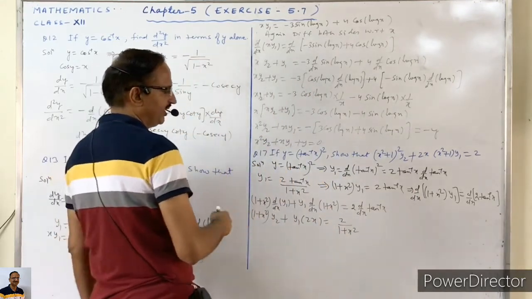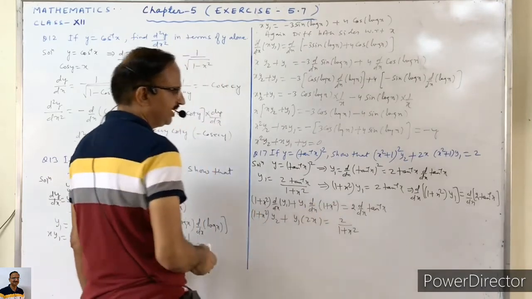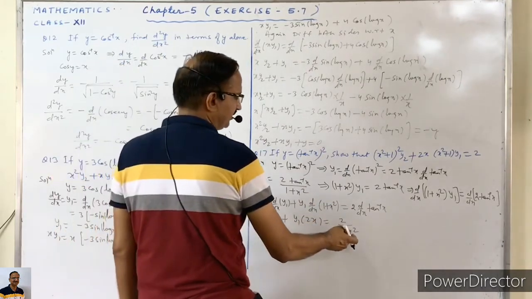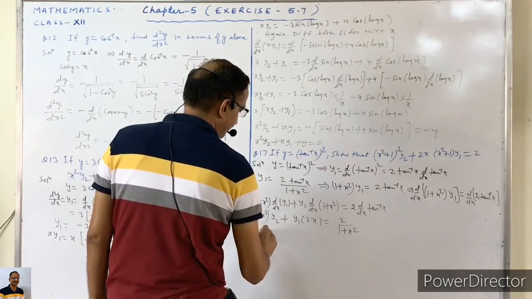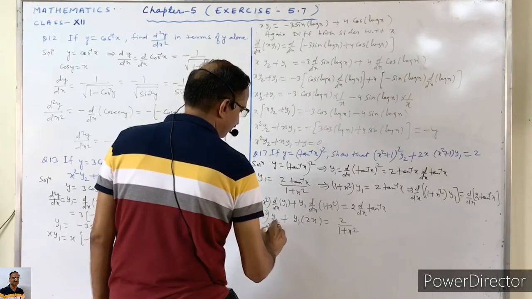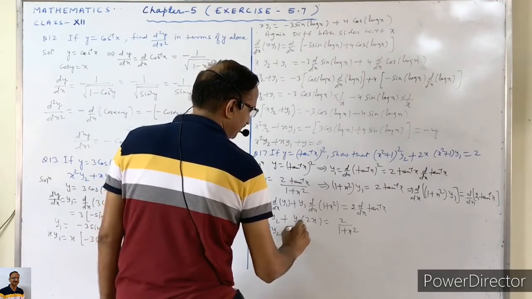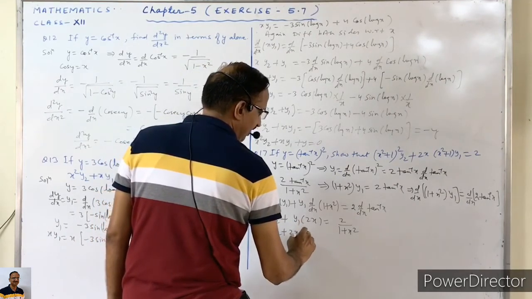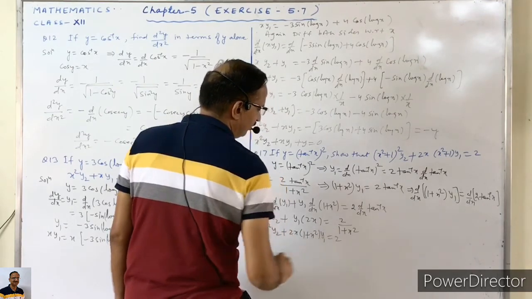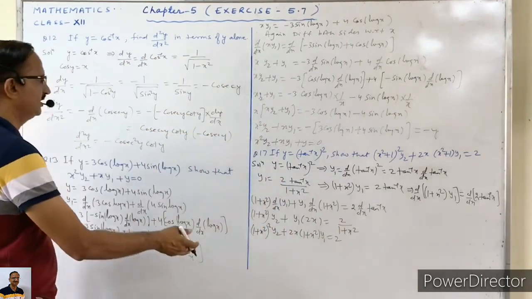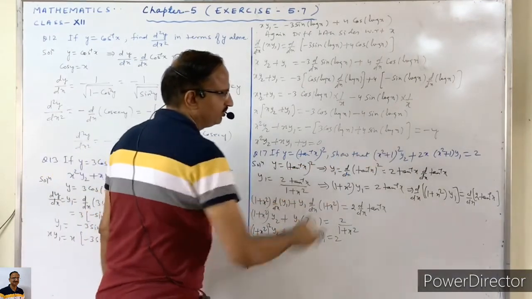Now again multiplying both sides by 1 plus x square. So on the right hand side this 1 plus x square cancels out and here we have (1 plus x square) whole square y2. Here this is 2x (1 plus x square) y1 equals 2. So this is the result that we have to prove.